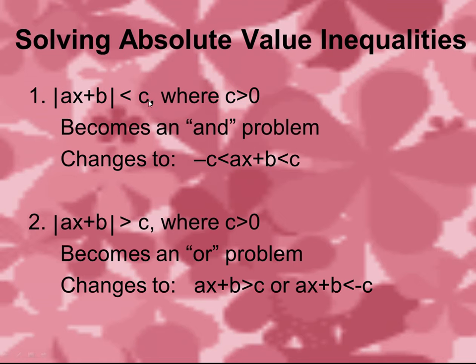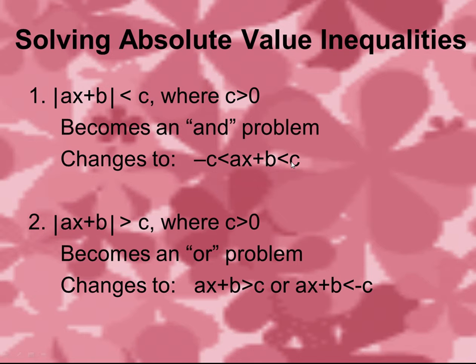In case number 1, I'm going to trade the absolute value inequality for a regular and inequality. Okay, and look what we get then. So I'm going to pinch whatever's inside the absolute value bars. If I'm going to make this a compound and inequality, it goes in the middle, right? And it's pinched between a lower value of negative c and an upper value of positive c.